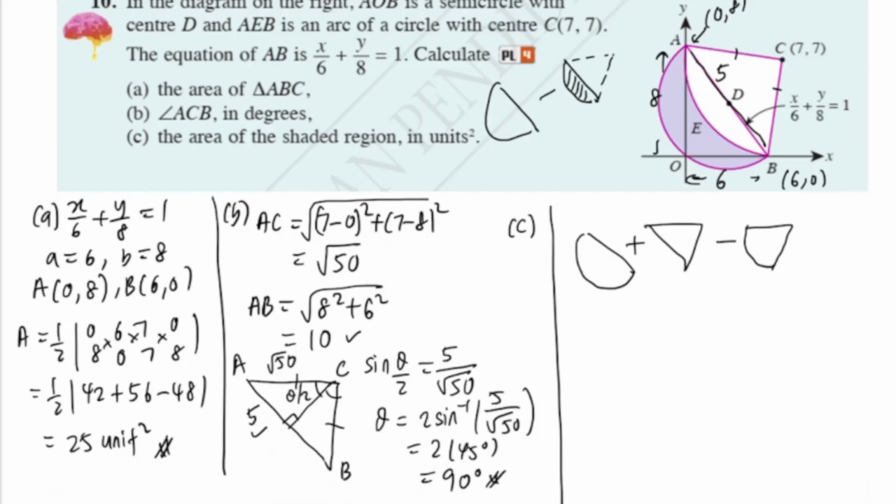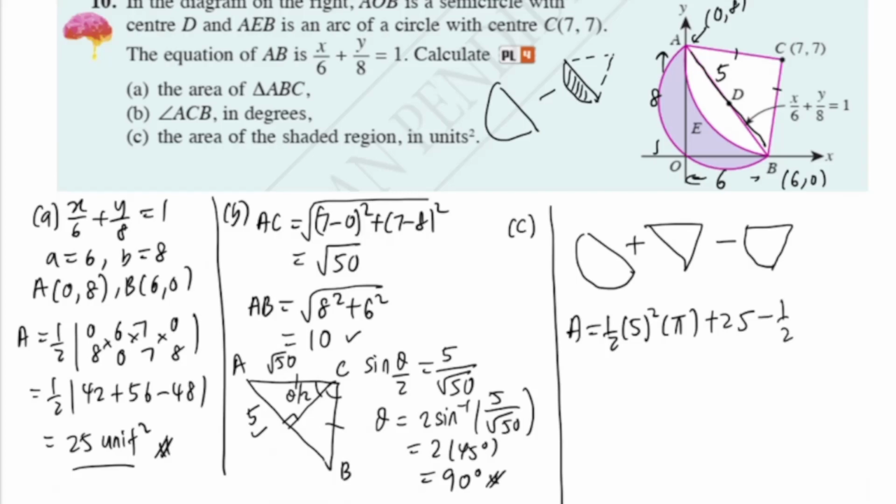So the formula will be half r squared theta. Your r is 5, theta is pi. Why pi? Because 180 degrees is pi in radians. Then you plus the area of triangle, which I already found earlier, 25, correct? Or you can use half times base times height again, not necessary.